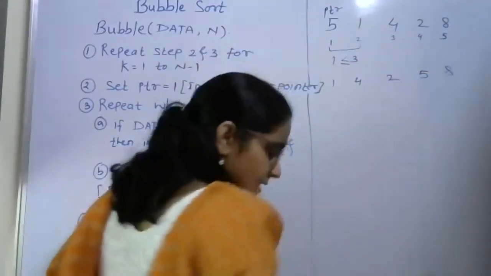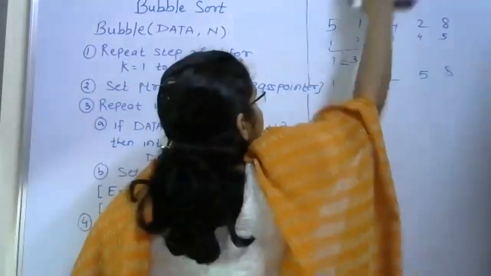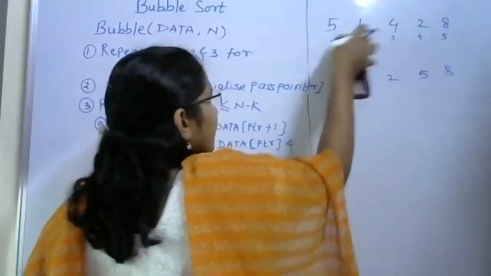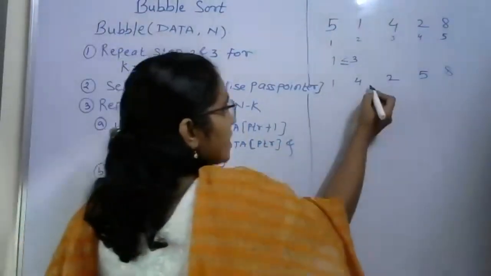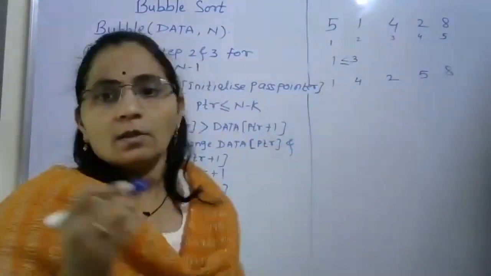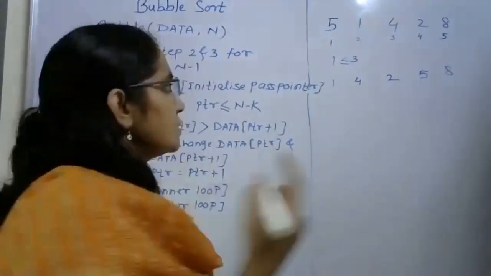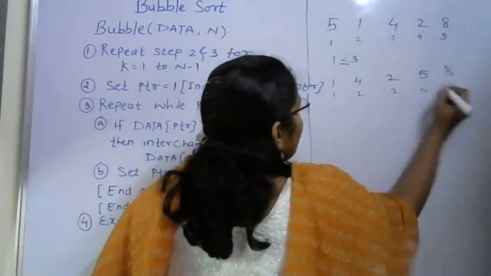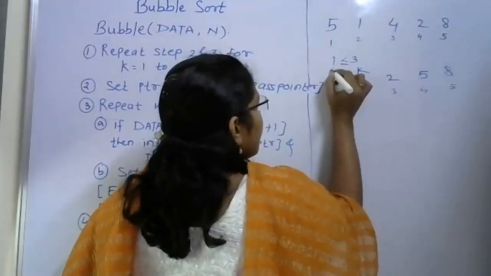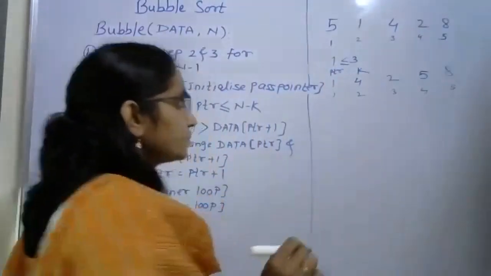So you just apply the steps on the updated data. This is the final state that you get after pass 1: positions 1, 2, 3, 4, and then 5. This is your k, and here is the PTR.